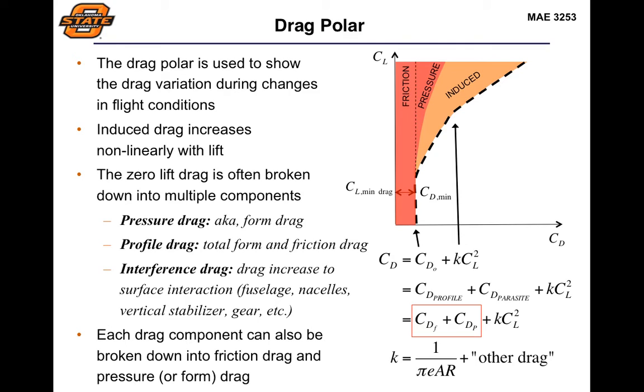What we have to keep in mind is that this is a function of the attitude of the aircraft, the Reynolds number, and the Mach number. As we change the operating points of the aircraft, we're also going to be changing the values of both CDF and CDP.